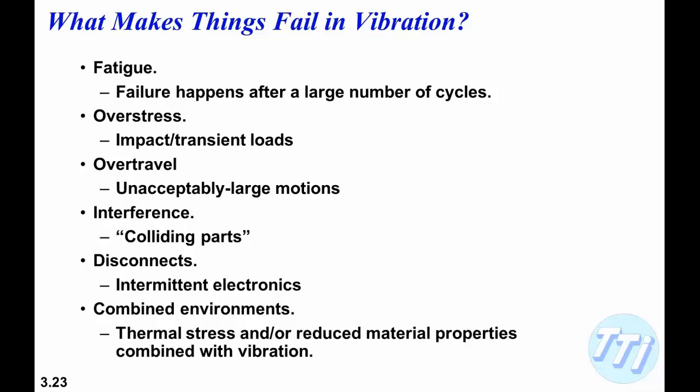The opposite of that is disconnects, intermittent electronics, where vibration causes a connector to intermittently disconnect. And then we might have combined environments, where thermal stress will exacerbate the vibration conditions.